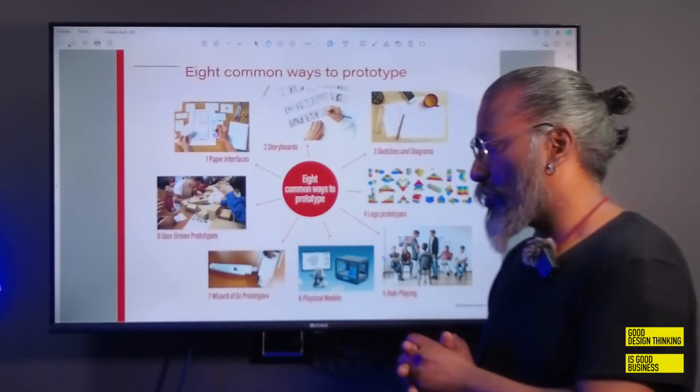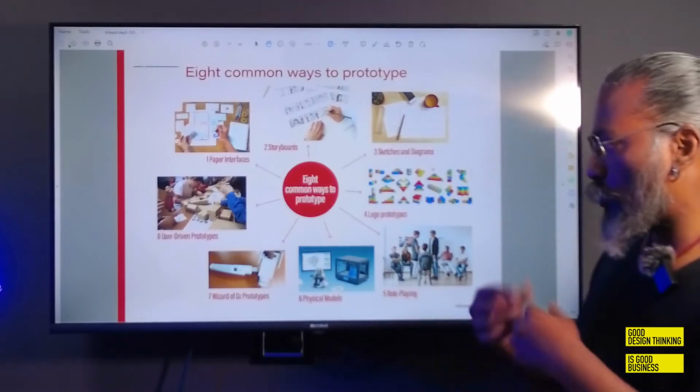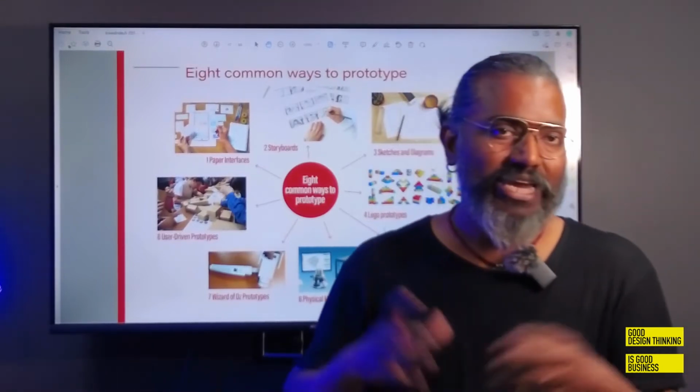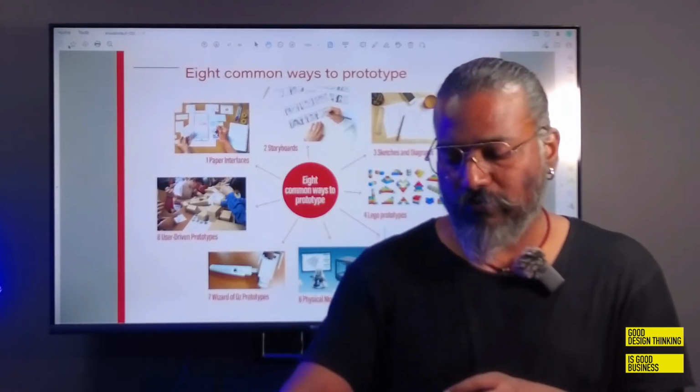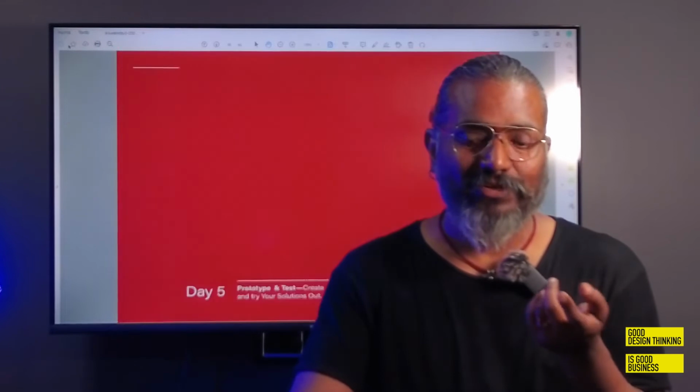And lastly, use the end user to make a prototype and see how they are making it and what issue they are highlighting.